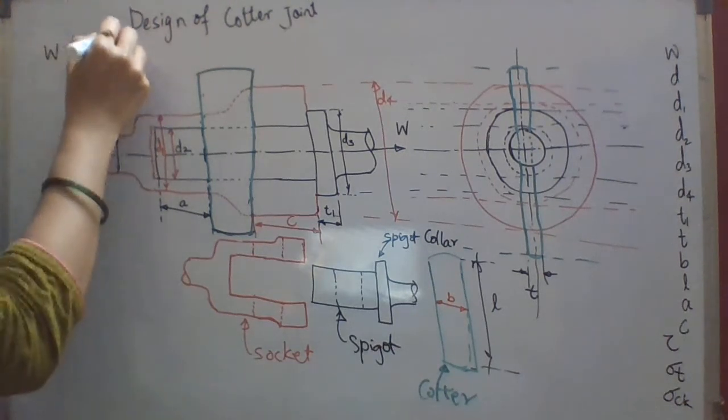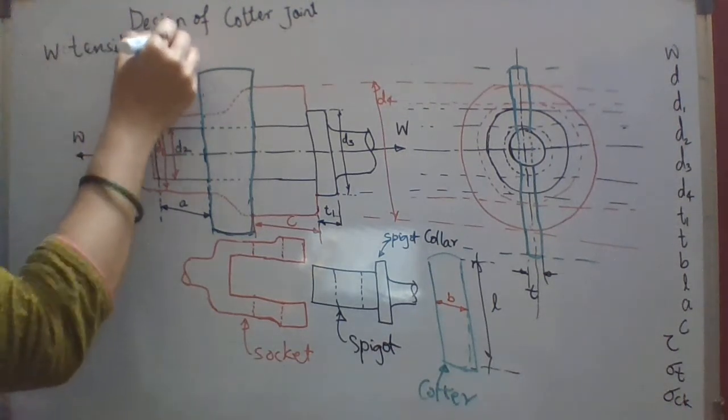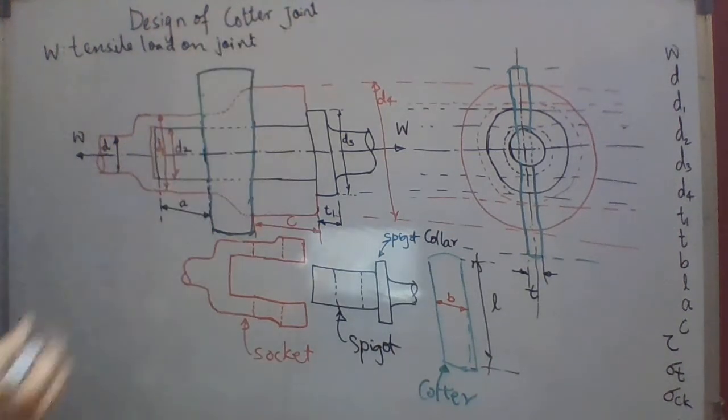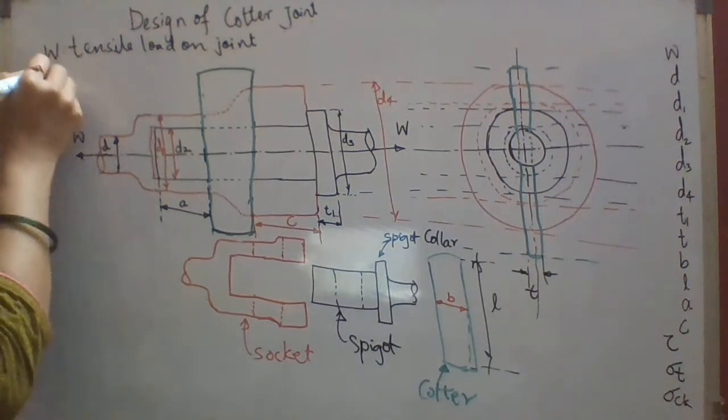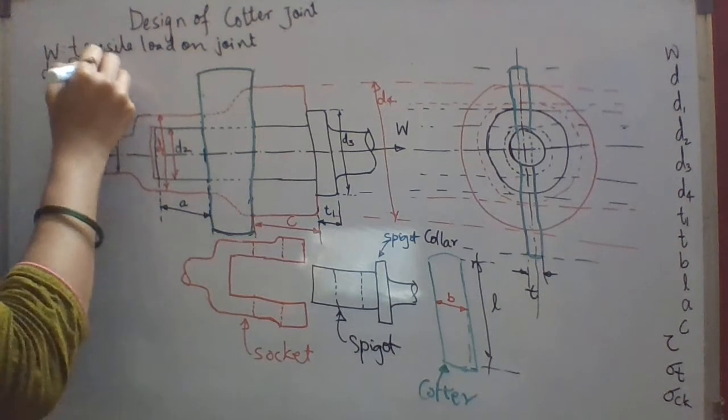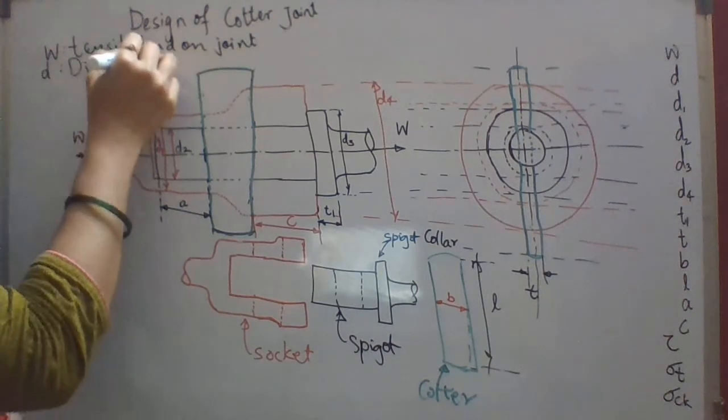W is the tensile load on the joint. Second, small letter d: diameter of each shaft.